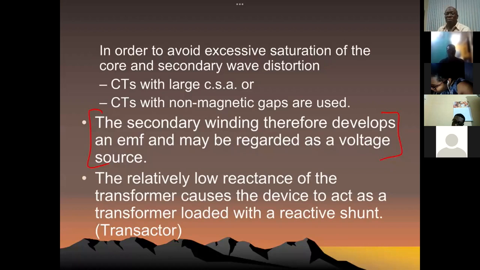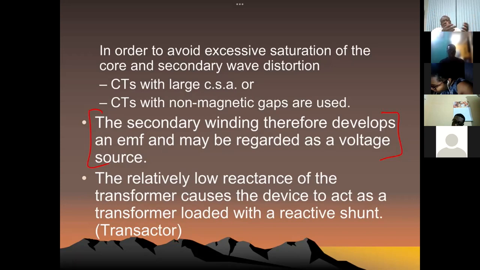So for your voltage balance schemes, the main consideration here is not about having a stabilizing resistor. The main consideration is to use CTs that will not easily saturate.